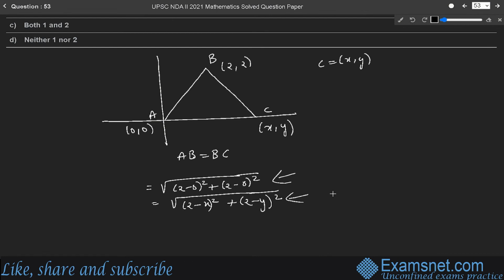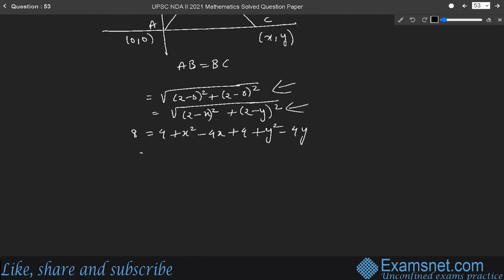So it will be 8 is equal to 4 plus x square minus 4x plus 4 plus y square minus 4y. On further solving, x square plus y square is equal to 4x plus 4y. So it can be x square plus y square minus 4x minus 4y is equal to 0. Let this be equation number 1.